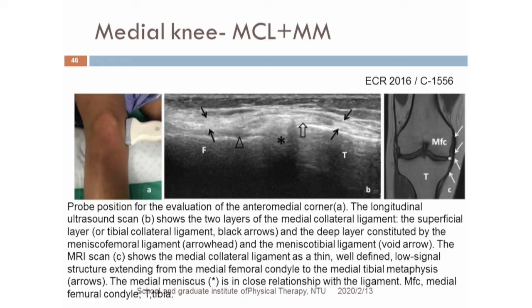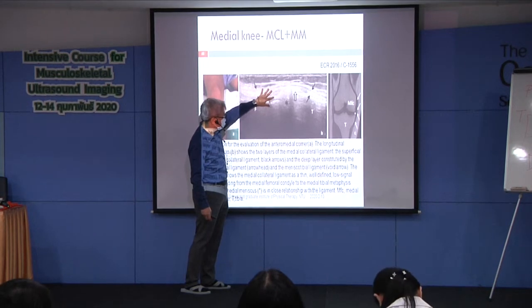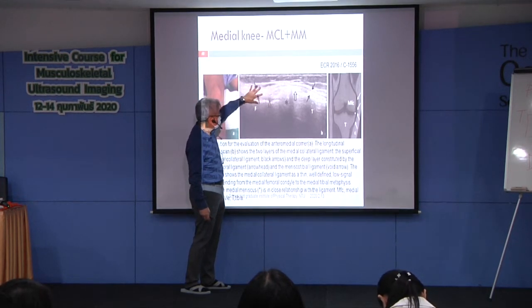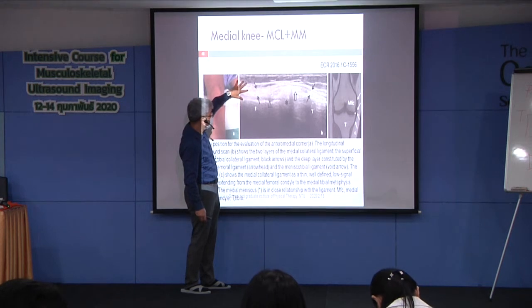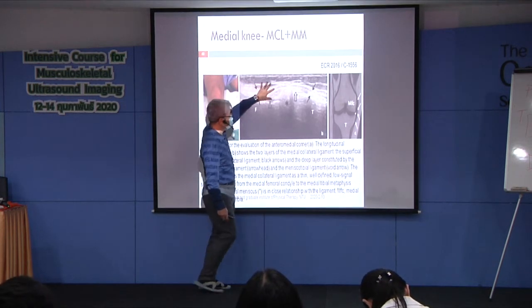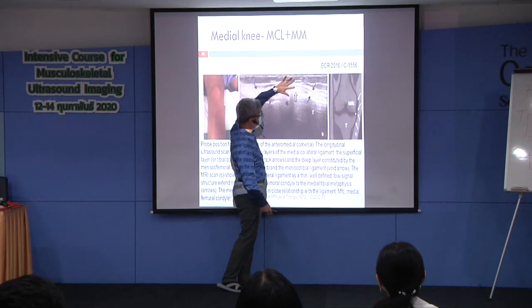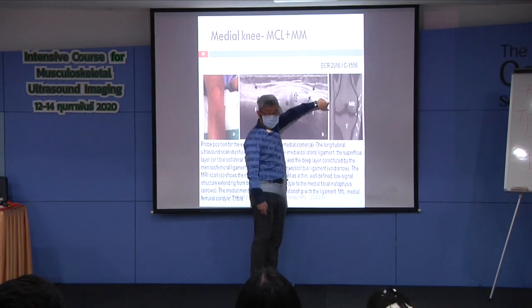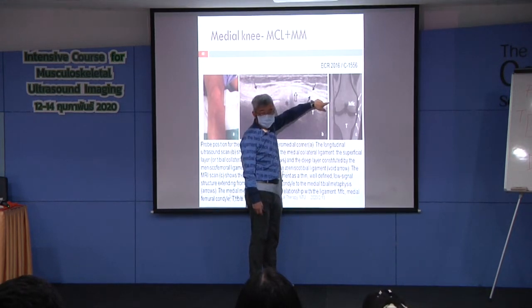The difficult part is, when you find your meniscus, you need to trace two layers of the medial collateral ligament. The deep medial collateral ligament goes to the medial meniscus. The superficial medial collateral ligament passes over the medial meniscus, then extends to the tibia.